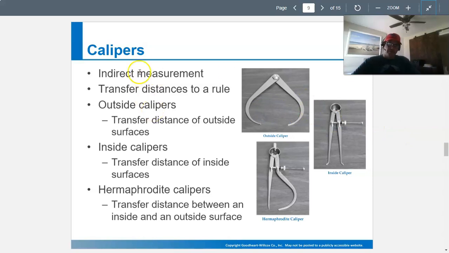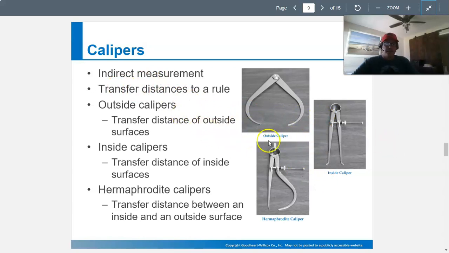And then it goes through the calipers, and it gives some examples here. I honestly never used these. These calipers are used to transfer distances, and within manufacturing we have measuring calipers, so we don't necessarily need transfer calipers.